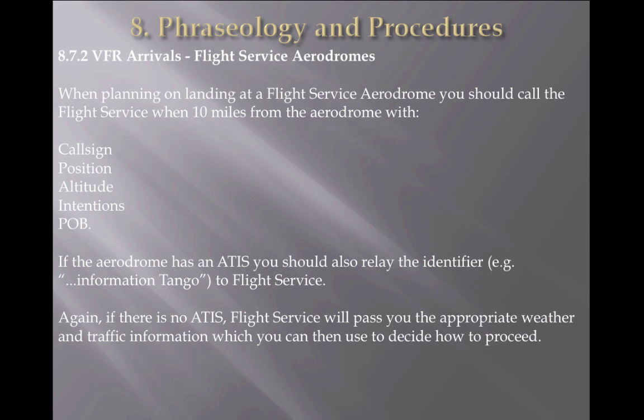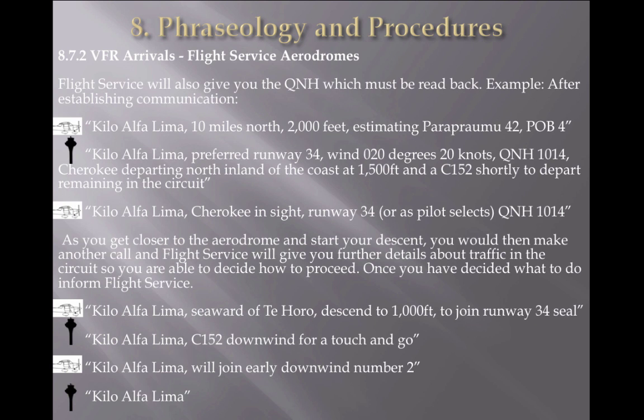Again, if there's no ATIS, flight service will pass you the appropriate weather and traffic information, which you can then use to decide how to proceed. Flight service will also give you the QNH, which means it must be read back. Kilo Alpha Lima, 10 miles north, 2,000 feet, estimating Paraparaumu 42, POB 4.